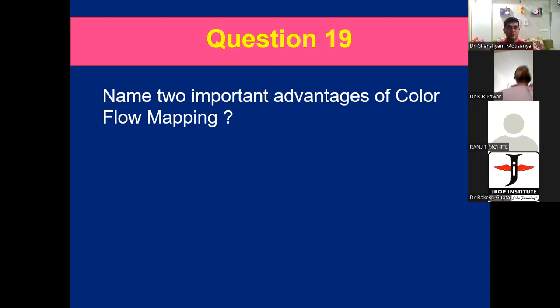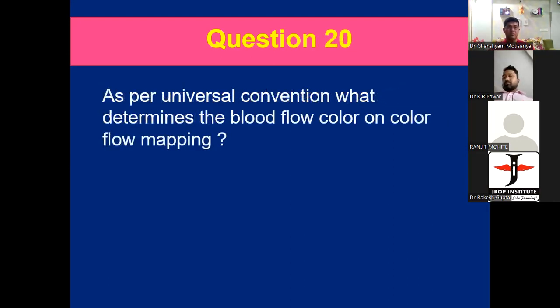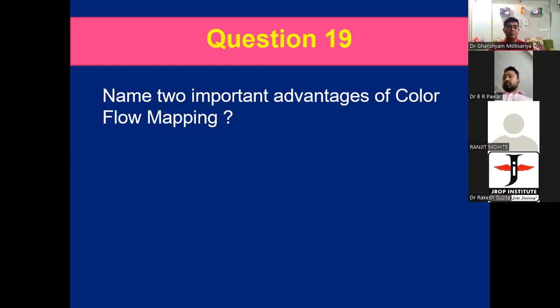Dr. Balram, back to you. Two important advantages of color flow mapping. You do color flow mapping after 2D. It's a quick and easy way to see if there's any valvular problem right away, and also to see any ASD, VSD.